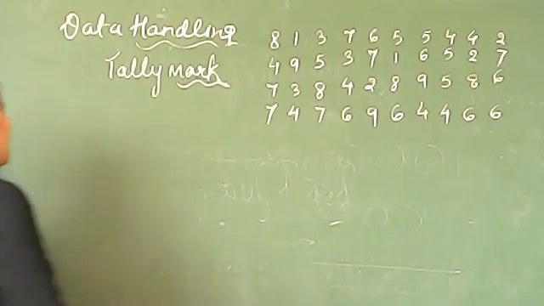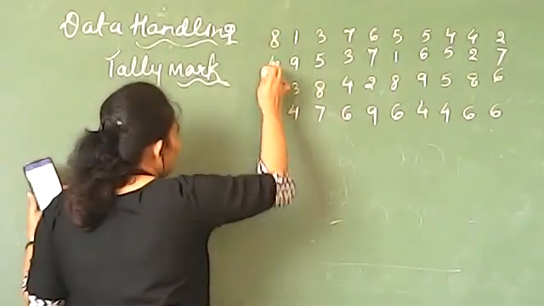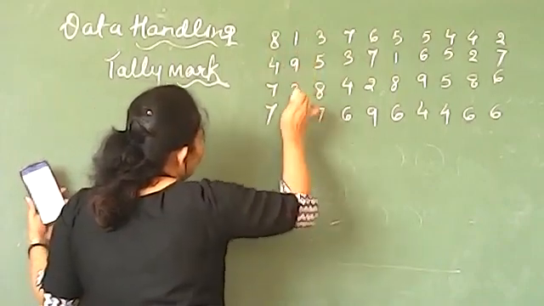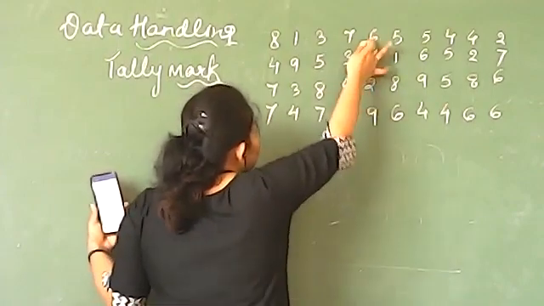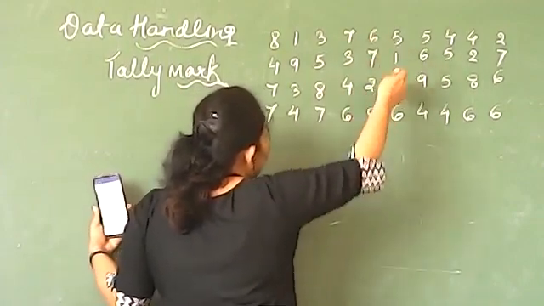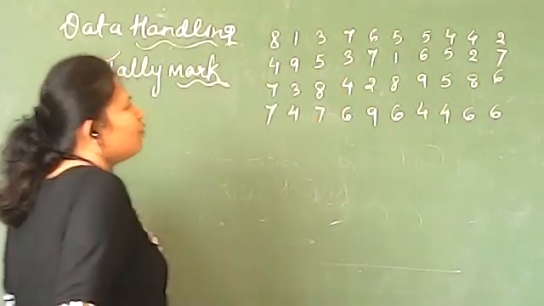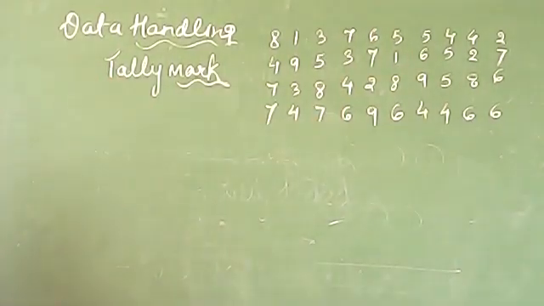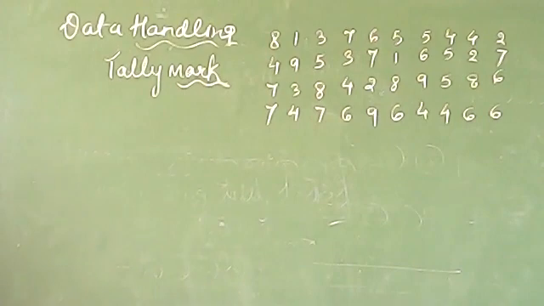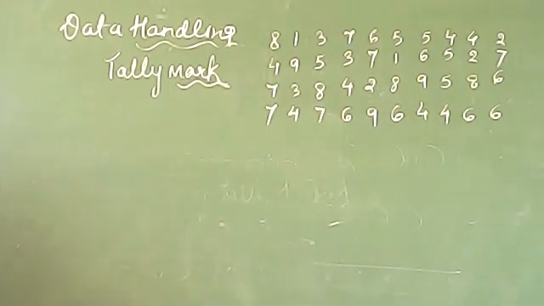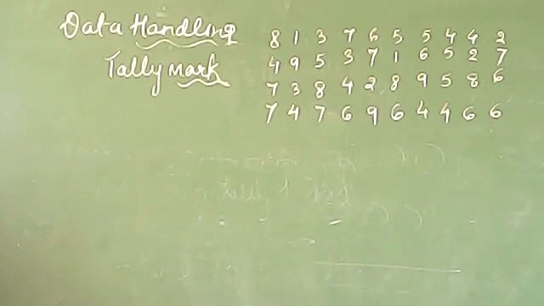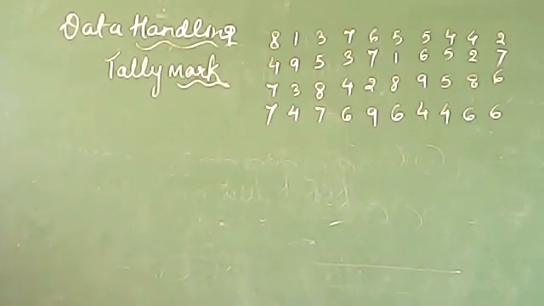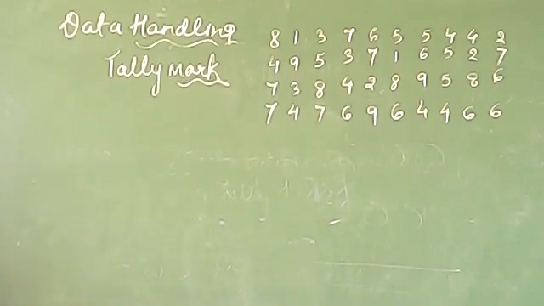Here I have written the marks: 8, 4, 7, 7, 1, 9, 3, 4, 3, 5, 8, 7, 7, 3, 4, 6, 6, 7, 2, 9, 5, 1, 8, 6, 5, 6, 9, 4, 4, 5, 4, 4, 4, 2, 8, 6 and 2, 7, 6, 6. These are the marks obtained by students in their test. Now we have to arrange this in the form of telemarks.